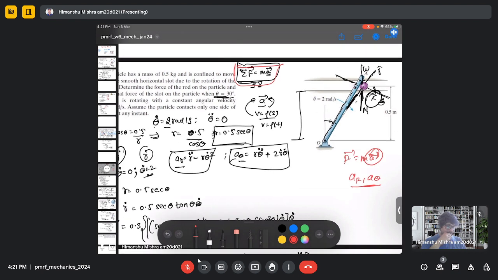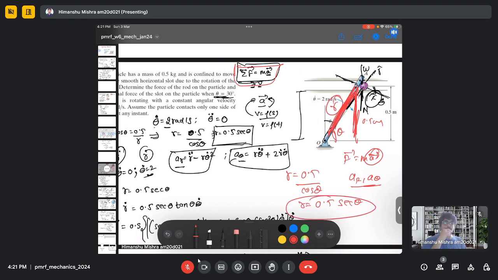In the question you are given this distance r, and also this vertical distance, which is 0.5 meter. And you are given theta also. So you write r in terms of 0.5 by cos theta, which is 0.5 sec theta. So this is your r.